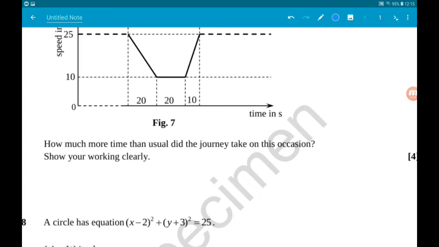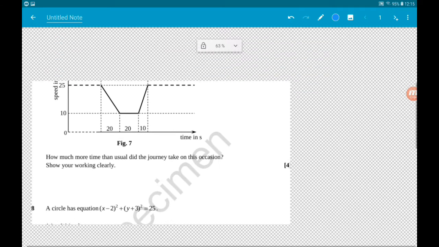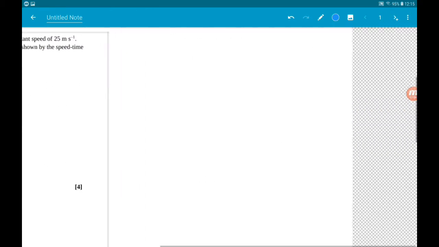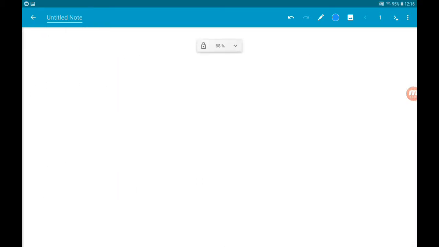So show your working clearly. Okay, the first thing that we should do is work out how long the journey takes usually. Speed is distance over time, so time is distance over speed.